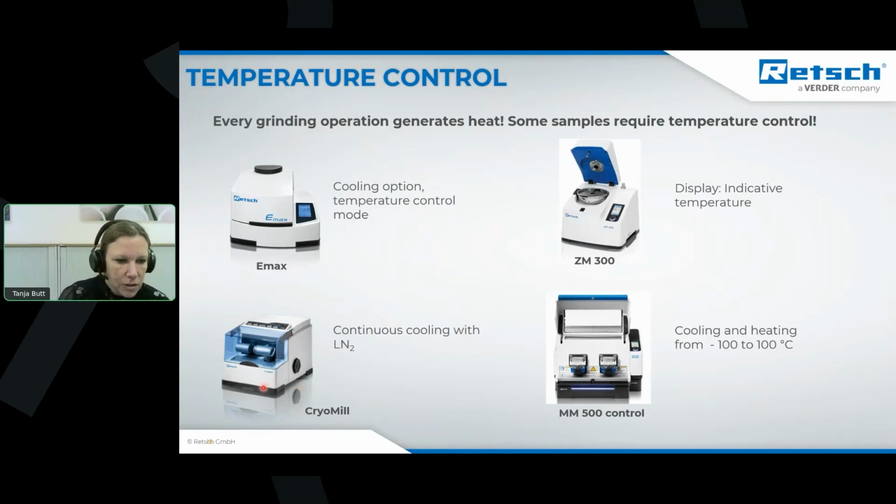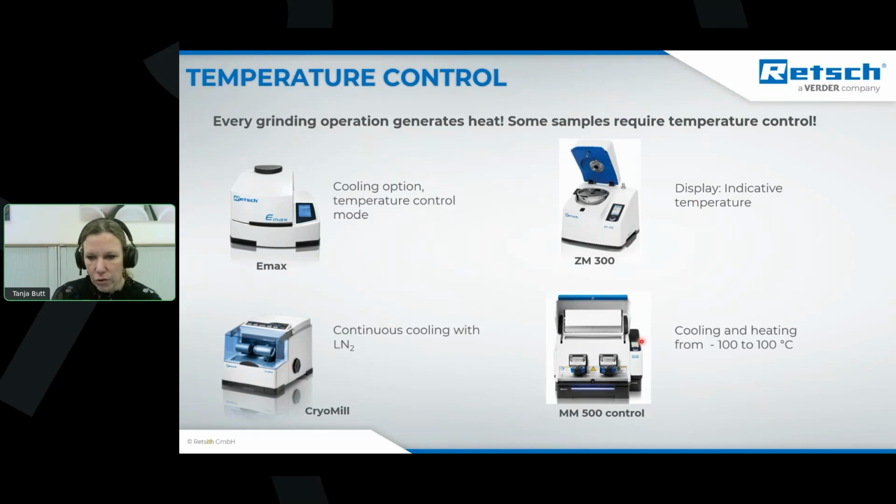So the complete jar is flushed here with liquid nitrogen inside. This means very, very harsh condition. You can use it for crushing every plastic material, but it's very cold as well. So here, for example, when you use this, volatile ingredients like terpenes are preserved. They stay in the sample, no chance to evade.